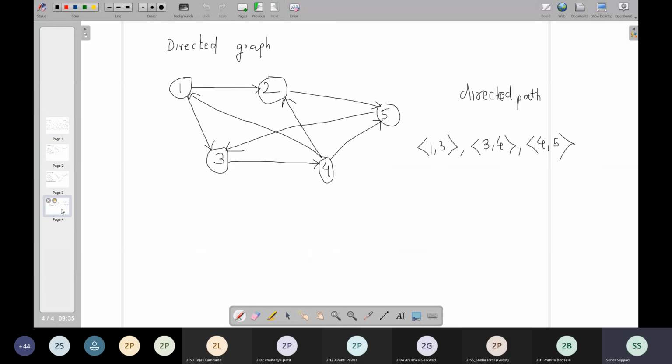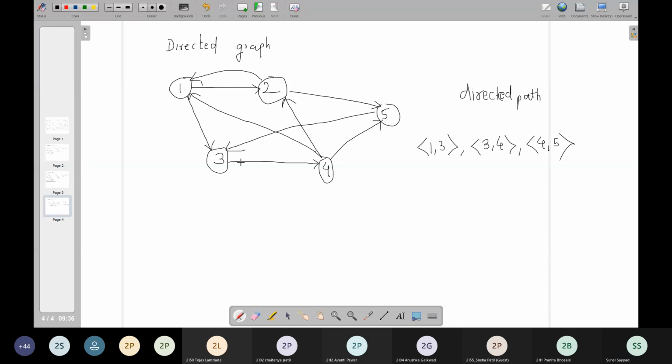But if we are dealing with a directed graph, the edges have directions. So (1,2) is a different edge and (2,1) will be a different edge. In this particular example, we have edge (1,2), but we don't have edge (2,1). If I want (2,1), then I should have another edge like this.